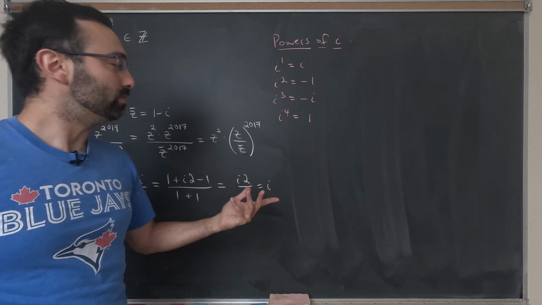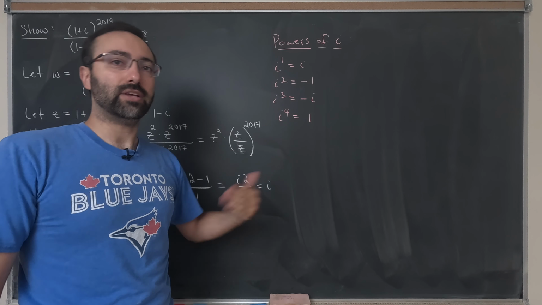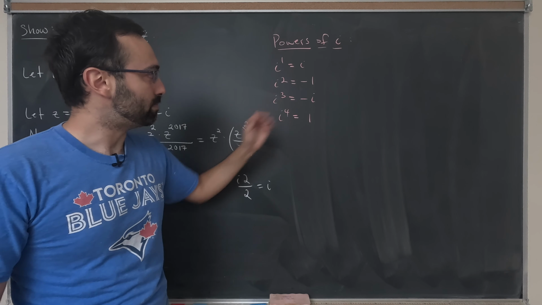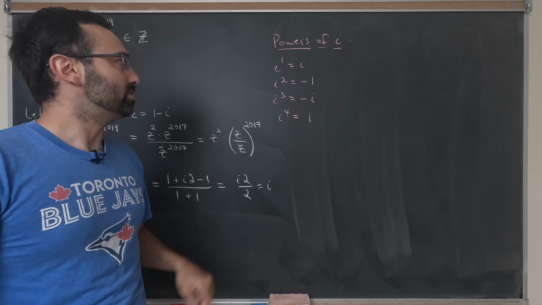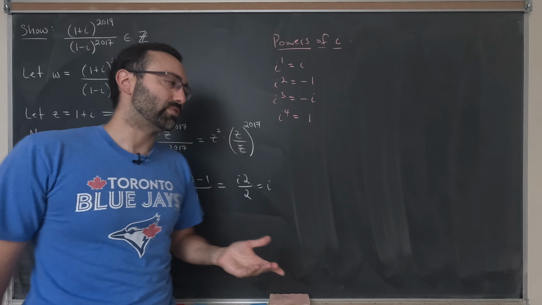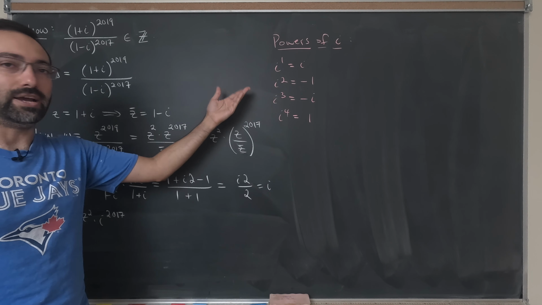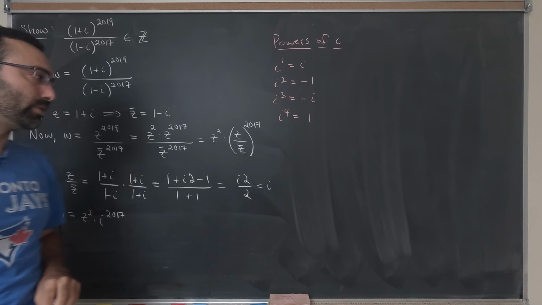Now, if we continue, the next 4 powers of i will follow this pattern, and the next 4 powers of i will follow this pattern. And so these powers of i cycle through these 4 values. So it just remains for us to determine, what is this power of i equivalent to? Is it equivalent to i to the power 1, i squared, i cubed, or i to the power 4?